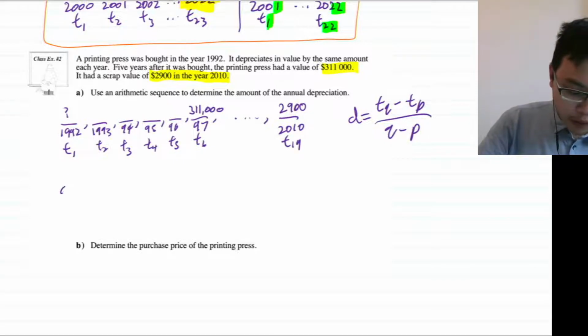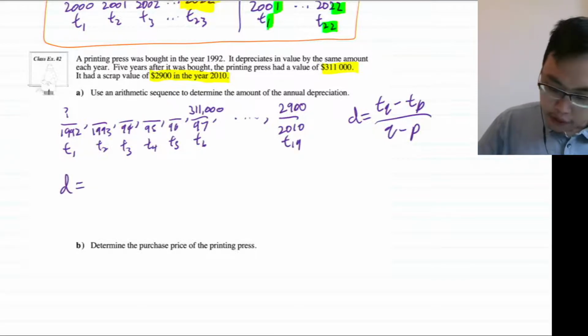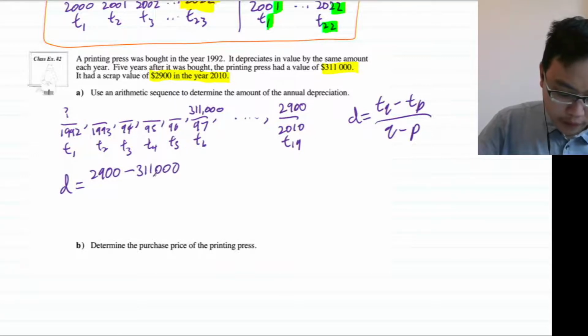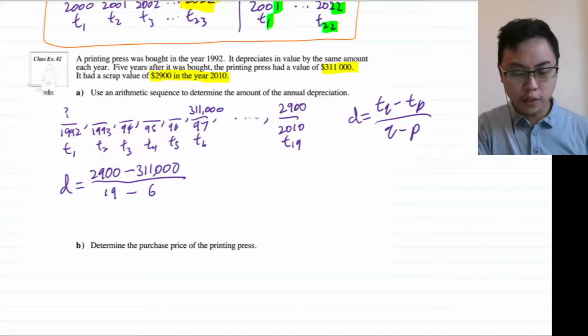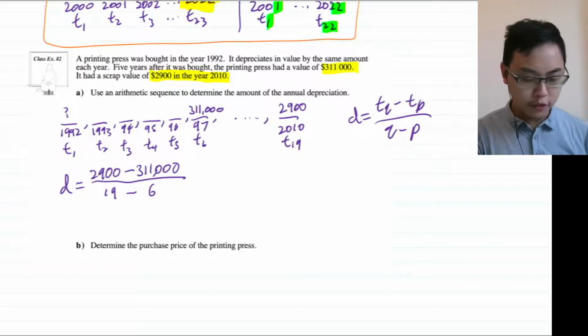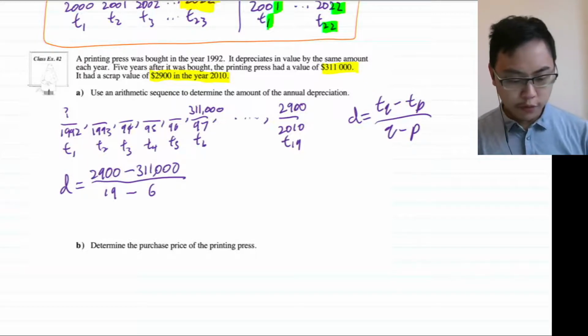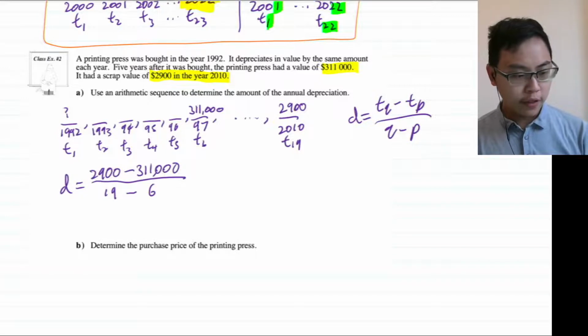So we want to work out D. That's going to be TQ, which is $2,900. That's the final term. Subtract the earlier term, which is $311,000. All of it divided by T19, which is 19, minus P, which is 6. So put this all into your calculators and work out that common difference. 2,900 subtract 311,000.